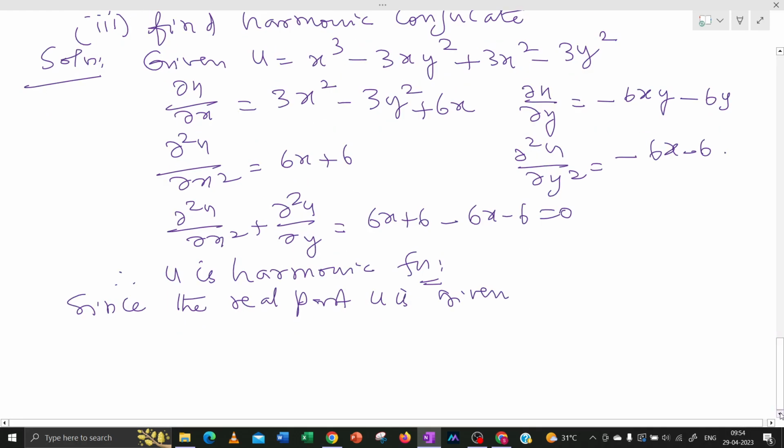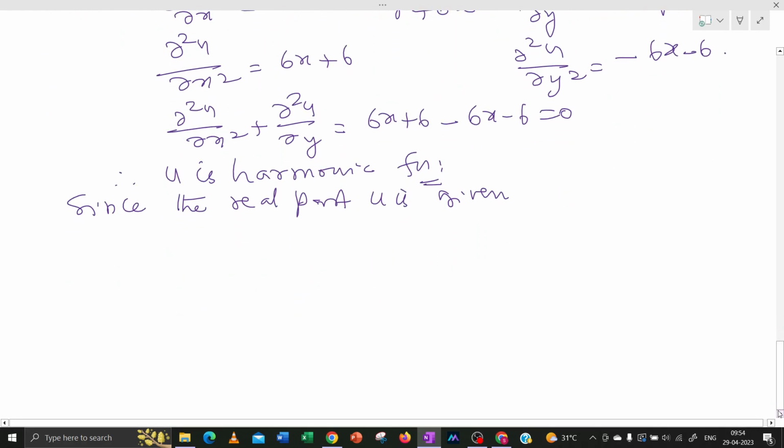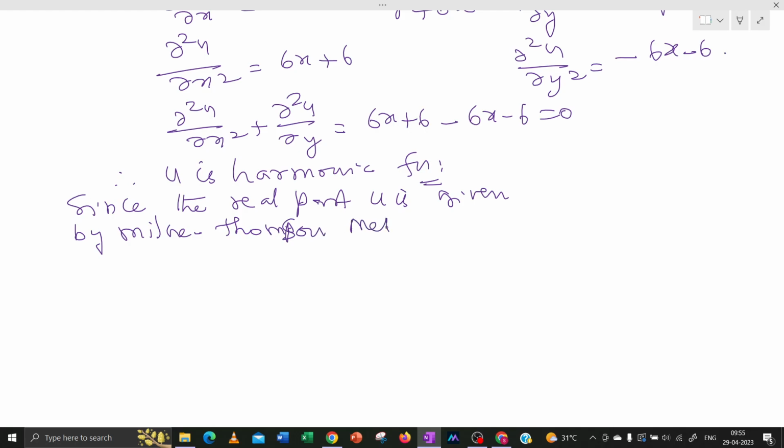By the Milne-Thomson method, f dash of z equal to ux minus i uy.